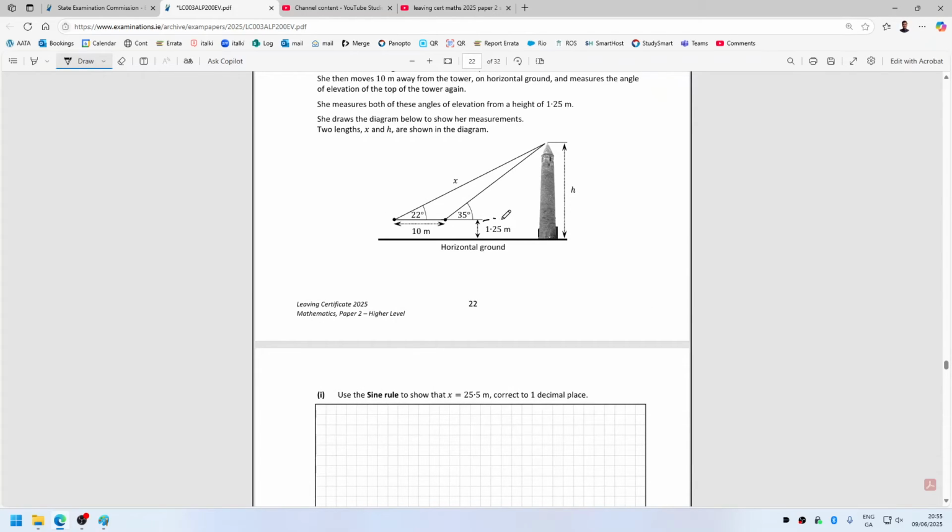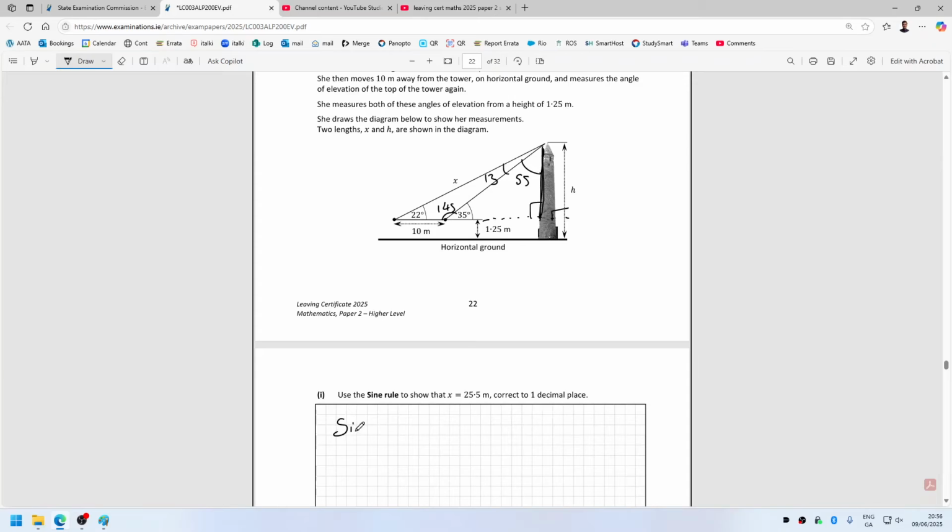Well, the first thing I always like to do is get in all the angles. So that's 90. That's 90. And that there is 55. So that's 145. That's 13.